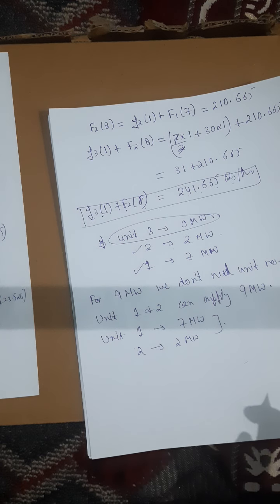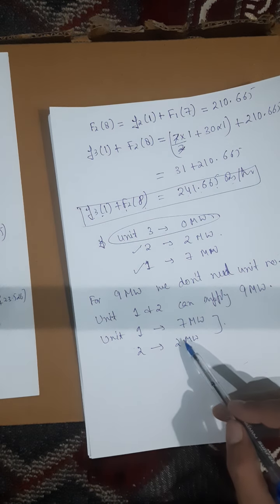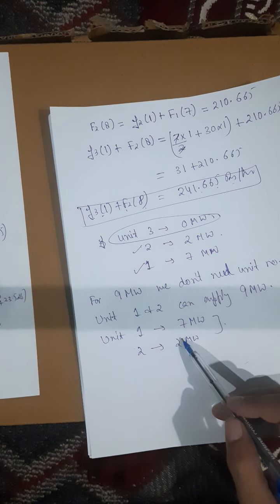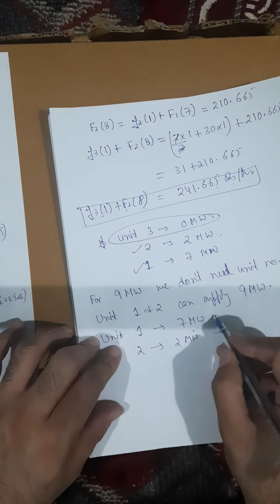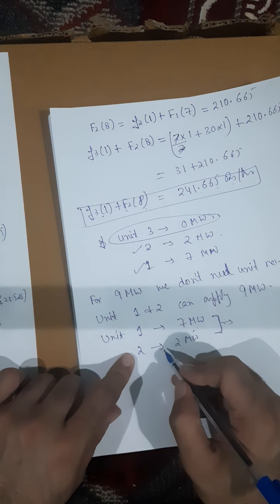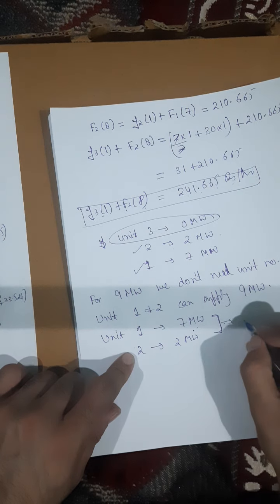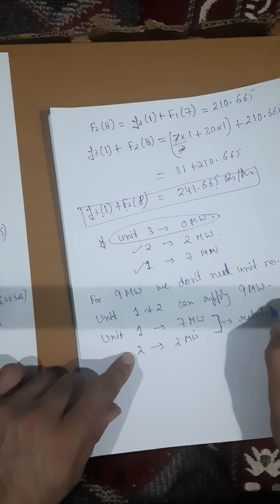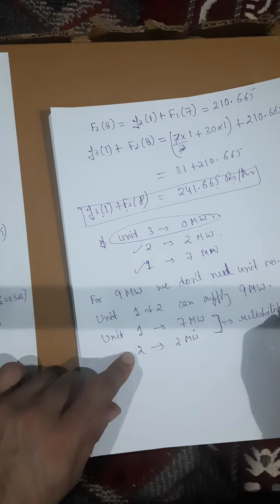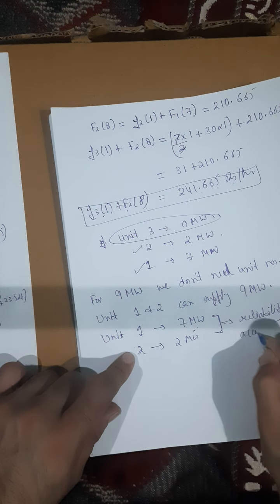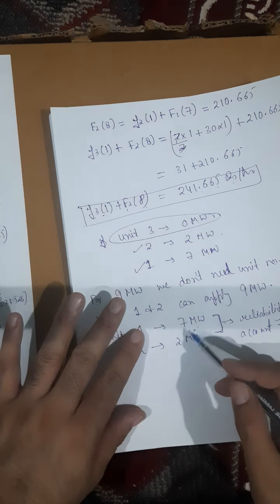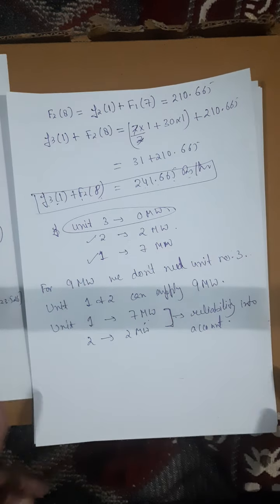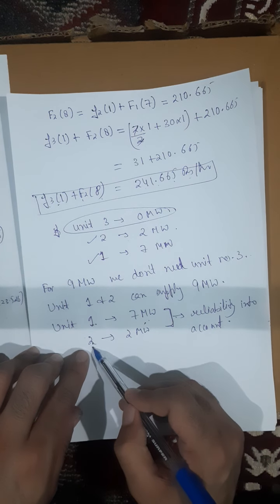So I can say that 2 units can supply 9 megawatt load, which also takes reliability into account. Why reliability into account? Because even if I don't need 4 units, I will use only 2 units, and each unit has a capacity to supply 12 megawatt.